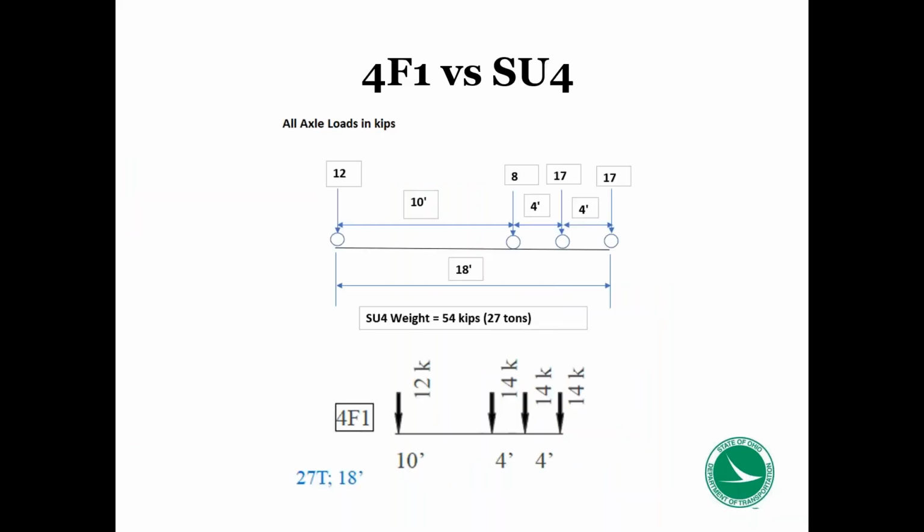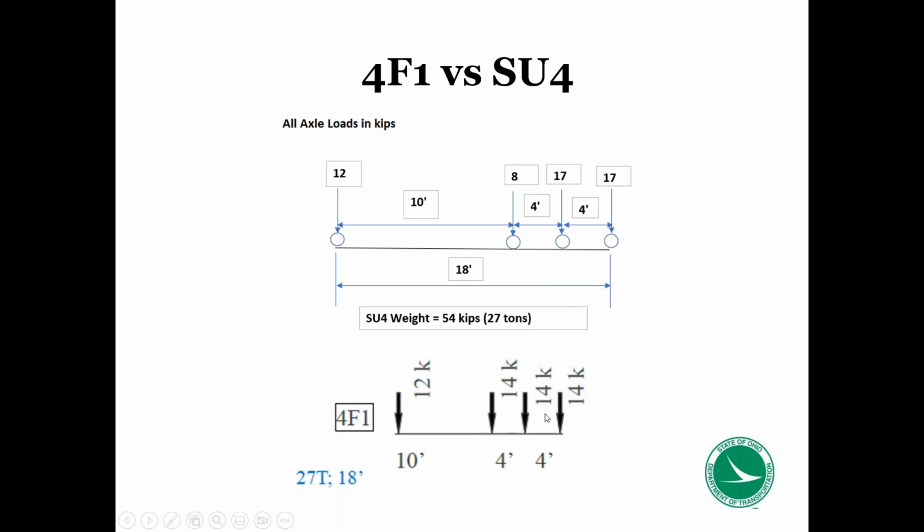As you can see, the top vehicle is the SU4 with 12 axle, and then the triple on the back is 4F1. It has 14, 14, and 14. This was created in Ohio. This is SU4 coming from AASHTO. If you combine these triple axles, they are so closely spaced, their combined load is 42, and the combined load on the SU4 is also 42.